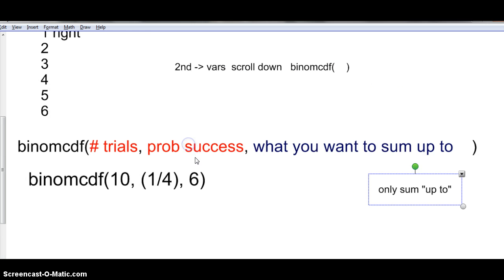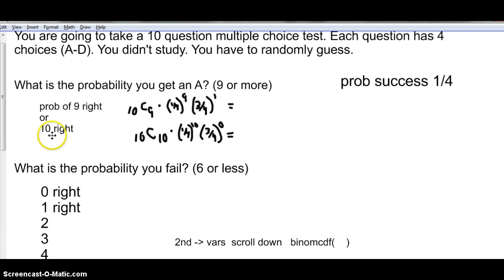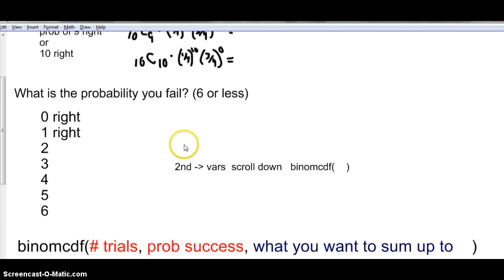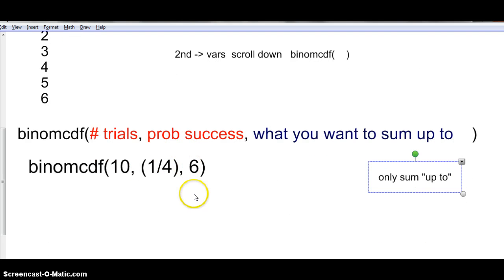So think about that when we're doing this problem up here. Well, Mr. Sire, why didn't you show us that for, why didn't we put 9 in? Okay, it doesn't sum down to, it sums up to. Okay, up to. So we could figure that out using that method, but I think that this one, we were fine doing these two. Here, without a doubt, we need to sum up to.